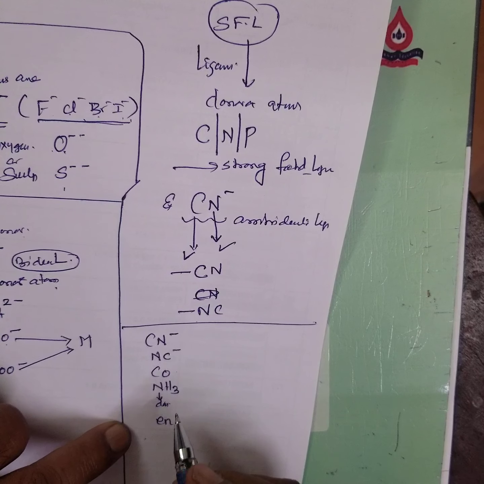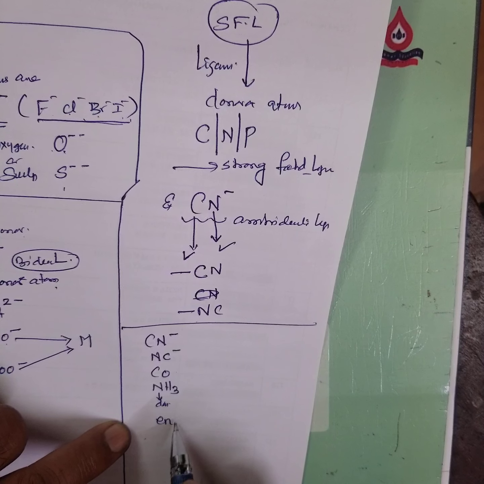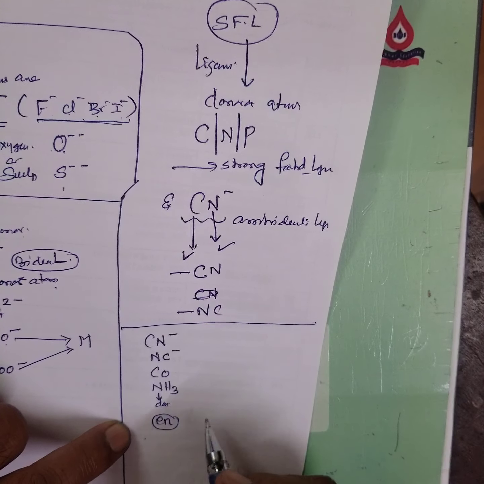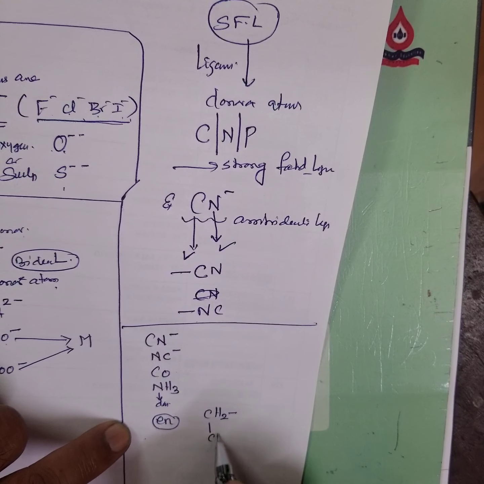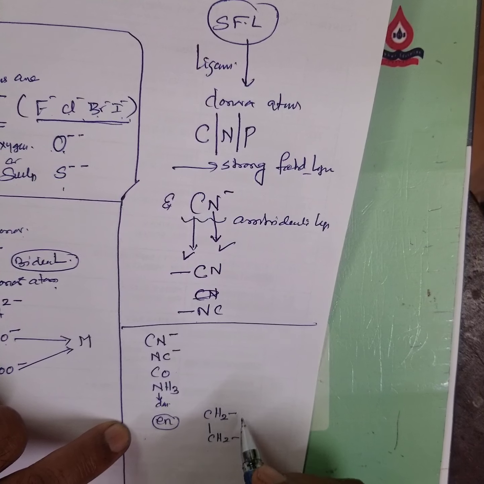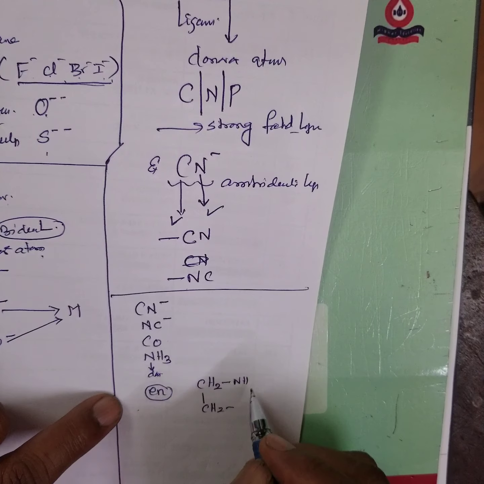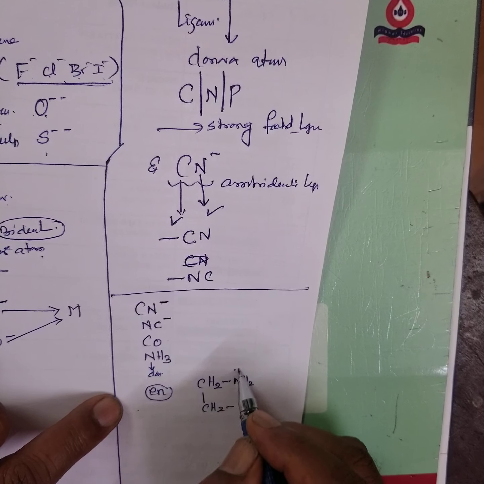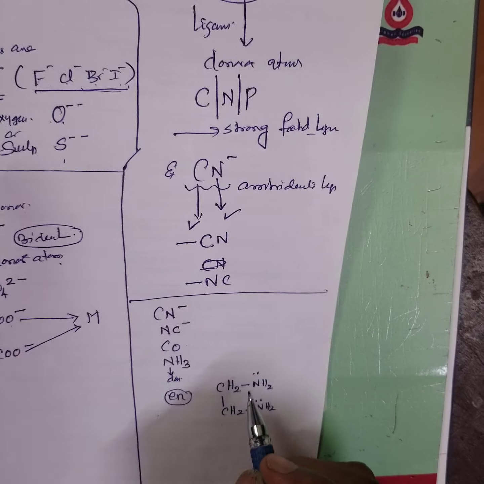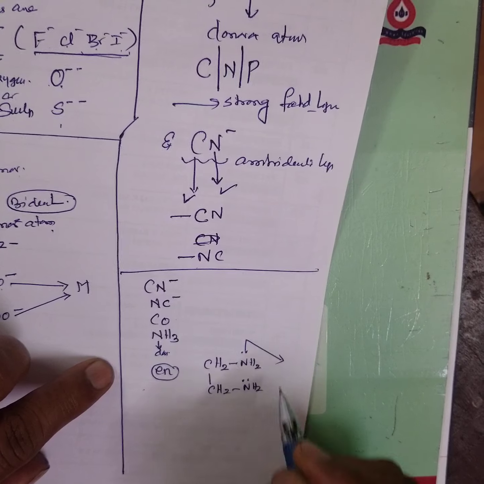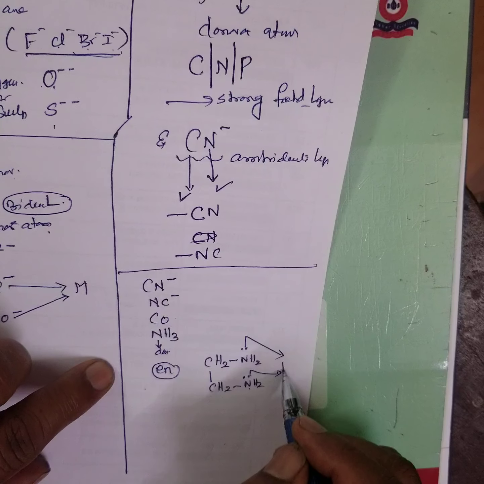Ethylene diamine, you know, right? What is the structure? CH2, NH2. Here NH2, nitrogen has a lone pair, it donates to the metal.